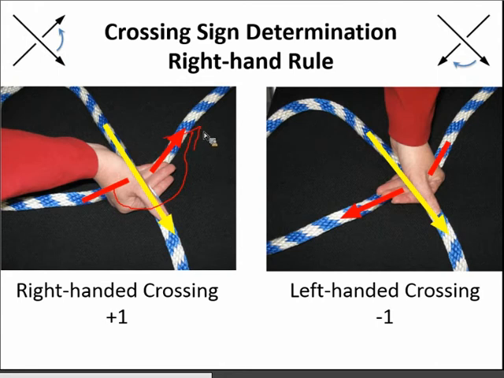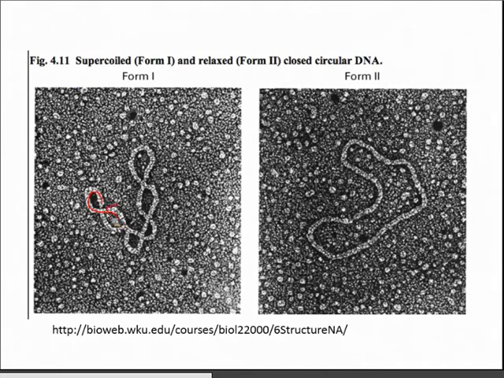So in other words, if I go back up here and put an arrow on this one right here, and then follow along with that arrow and put arrows on each of these, in this case, we would need to take our right hand and put it under in terms of the direction of the arrow. So this is positively supercoiled.